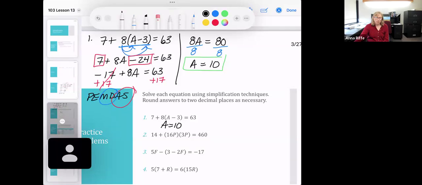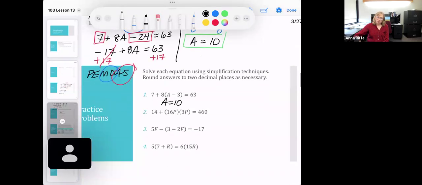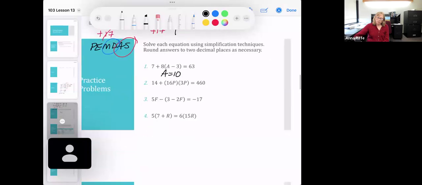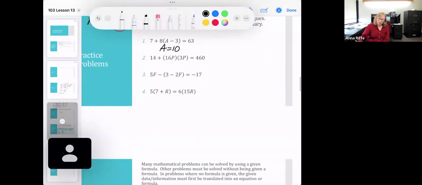Okay, let's go ahead and do number 2. Number 2 illustrates the difference between parentheses with a sum or a difference in them and parentheses that have all multiplication.